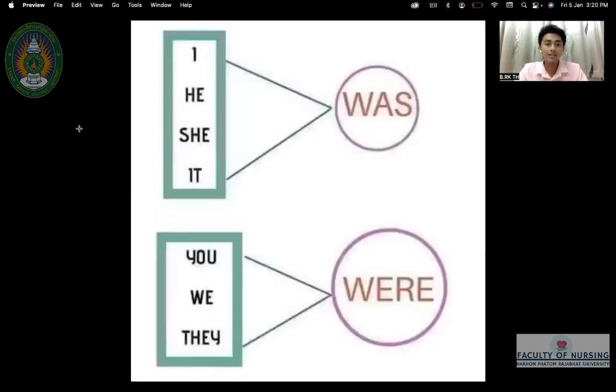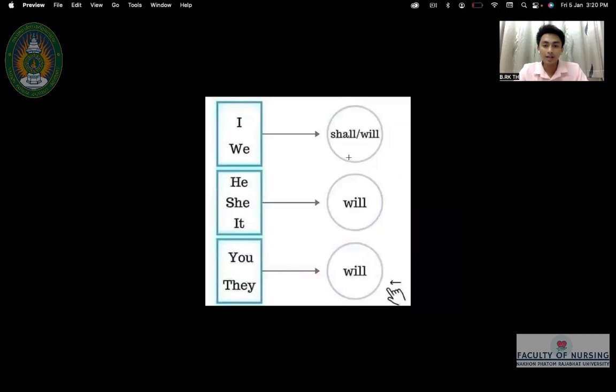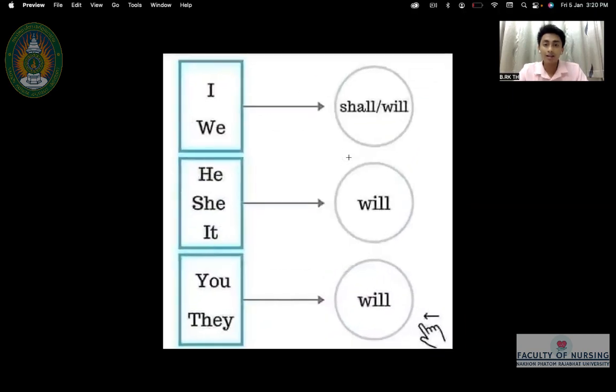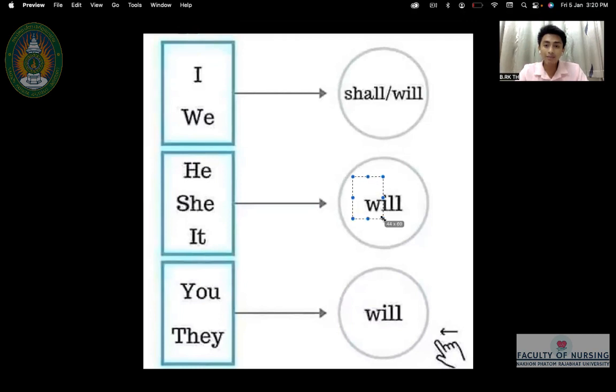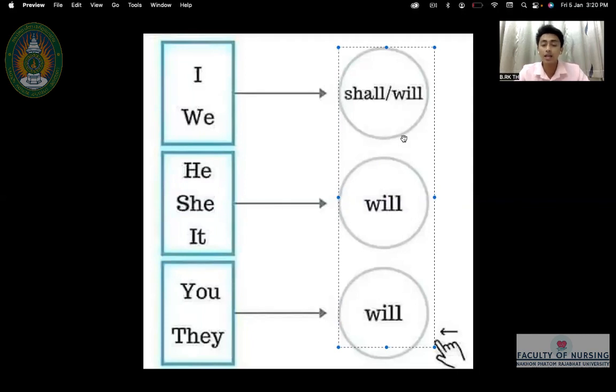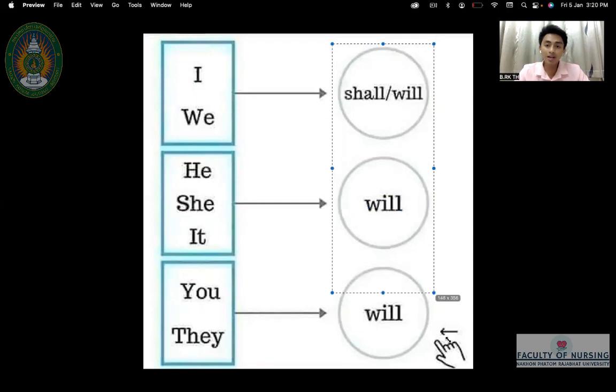How about the last one? Here, guys. This time, let's use the word will. Will is something that is not finished and still not yet happening. I will and I shall. It's almost the same meaning, but most of the time we use the word will.